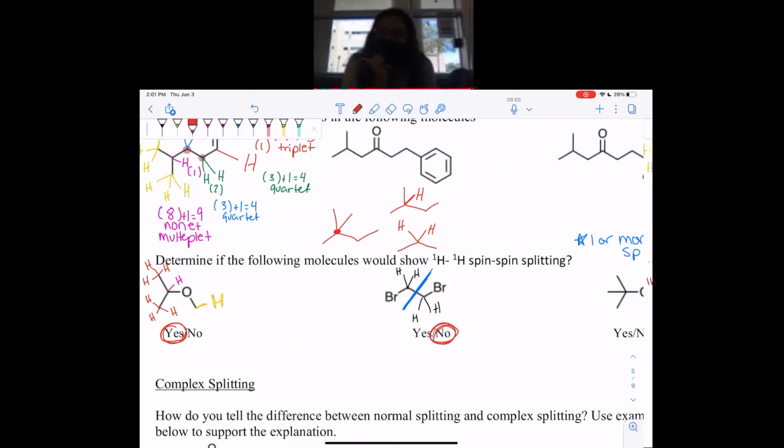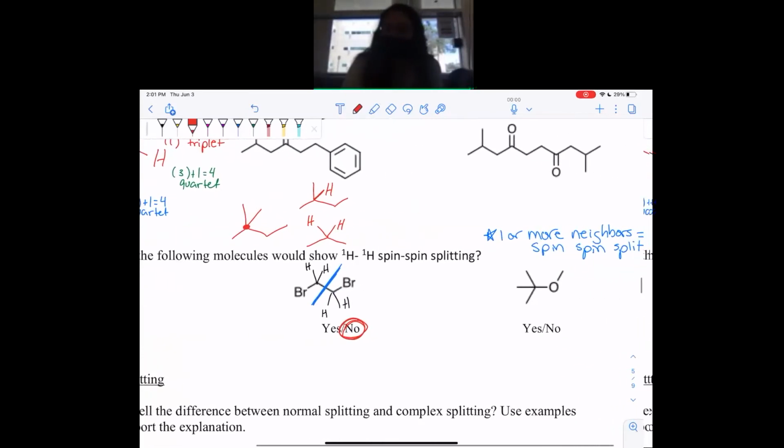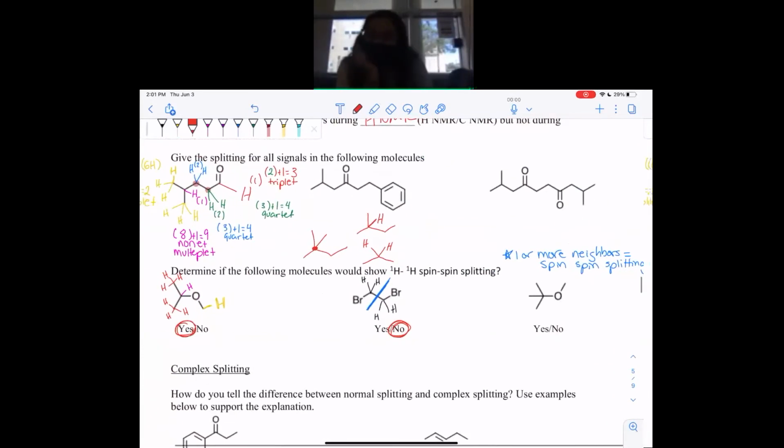The previous example, yes, had 3 hydrogen signals. You are correct. This one only has 1 hydrogen signal. And so the last one, first of all, what's the difference between the first one and the last one? There's only one tiny little difference.